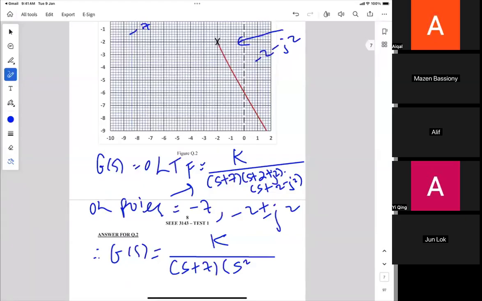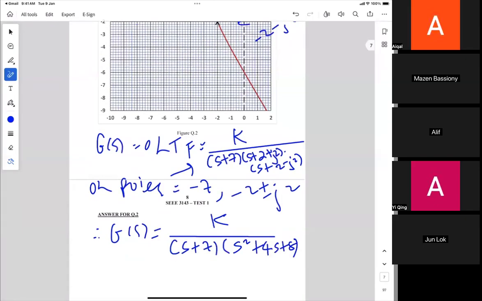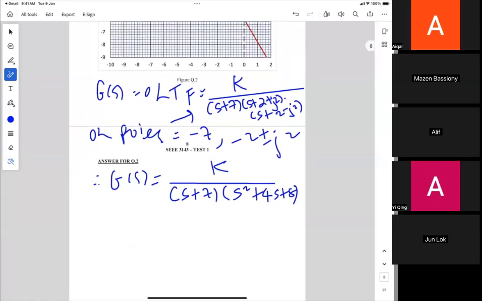S square plus 4s plus 8. Okay. And what do you get when you multiply again? Eight.